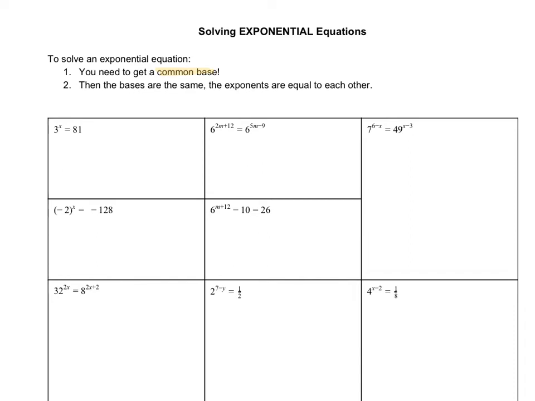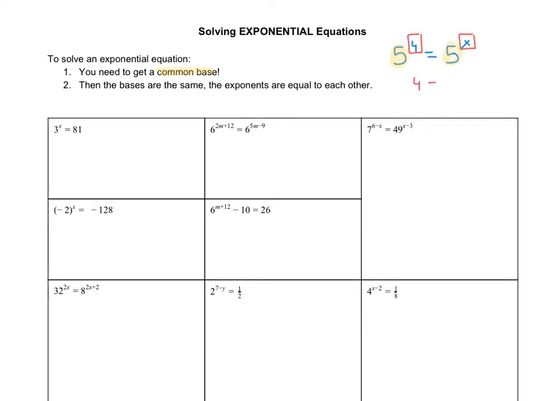Just a quick example on the side. If I had 5 to the power of 4 equals 5 to the power of x, I have a common base because both of the bases are 5. Because I need to solve for x so that the left side equals the right side, the minute the bases are the same, the only way the left side will equal the right side is if the exponents are equal as well.